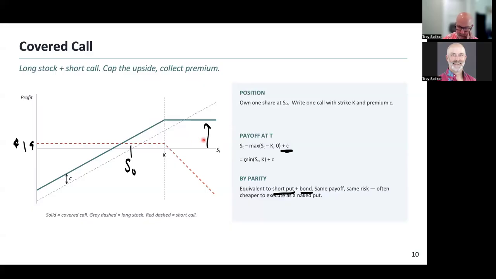And you might say, well, why would you want to do this? Well, I told you what the intuition behind it was, right? This is the most popular institutional option strategy by far. Pension funds, endowments, they use it all the time.